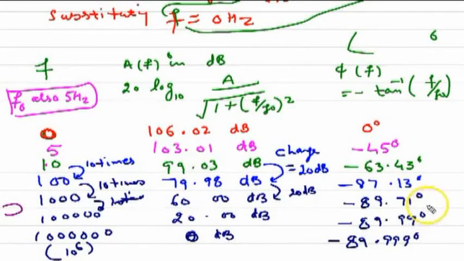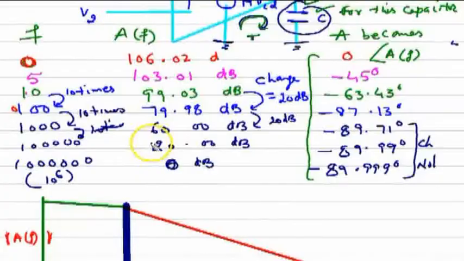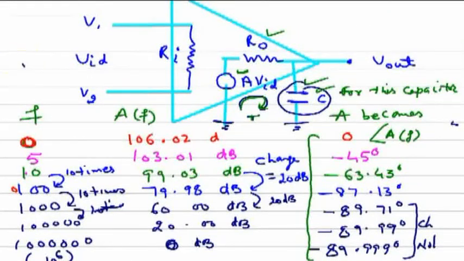The phase is changing by very small values when the frequency increases to very large values, like 1 with 5 zeros and 1 with 6 zeros. So this is the variation of the gain and of the phase angle with the frequency. Both are very important for plotting the graphs of AF versus f and phase angle versus f.